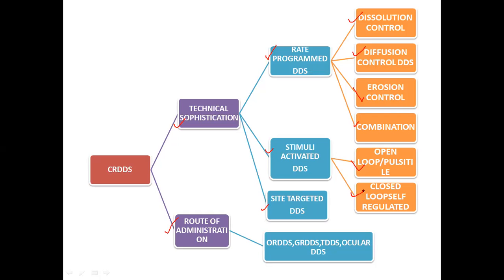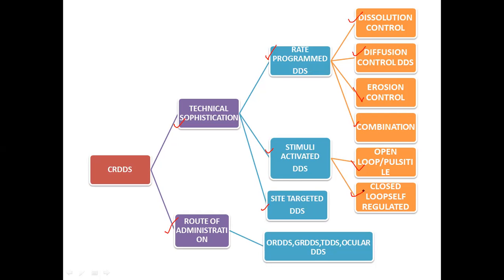There are some stimuli activated drug delivery systems that are based on hydrogels. As we all know, a hydrogel is a 3D hydrophilic polymeric network structure, which is capable of swelling in water or biological fluids and retaining a large amount of fluid in the swollen state.